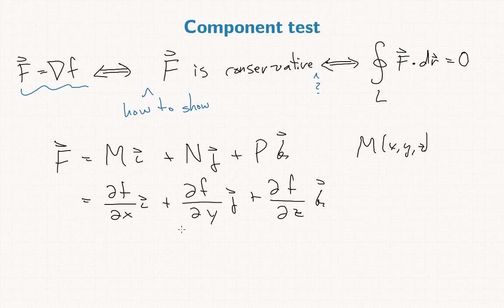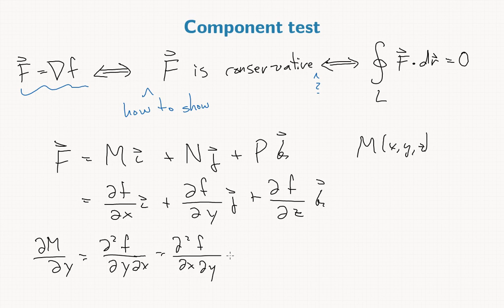Well, then by symmetry of mixed partials, we'll have del m by del y is del squared f by del y del x. But that we've seen is equal to del squared f by del x del y, and that is equal to del n by del x.